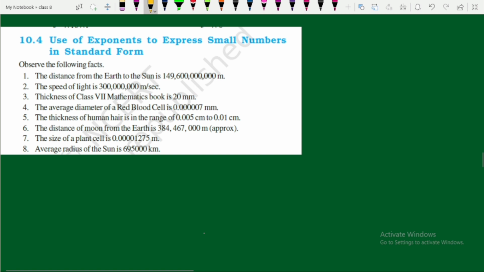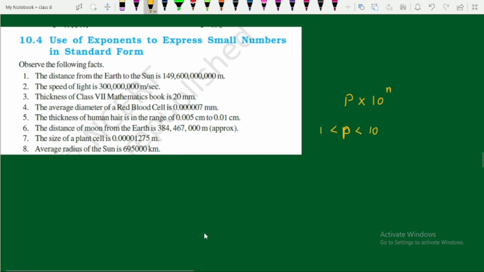Standard form means we have to write a given number in the form of p into 10 raised to n, where p lies between 1 and 10, greater than 1 and less than 10.